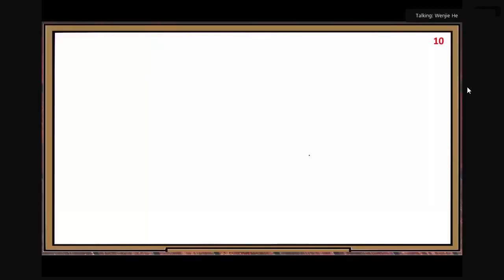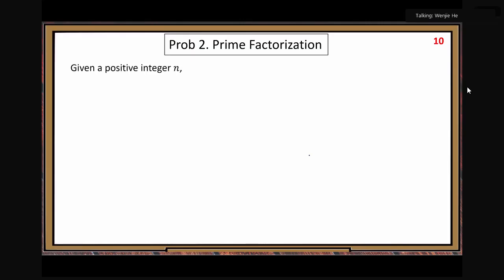Problem number 2, prime factorization. Given a positive integer m, how to represent it as a product of prime numbers? That's the prime factorization problem. We want to write it as a product of a sequence of primes.